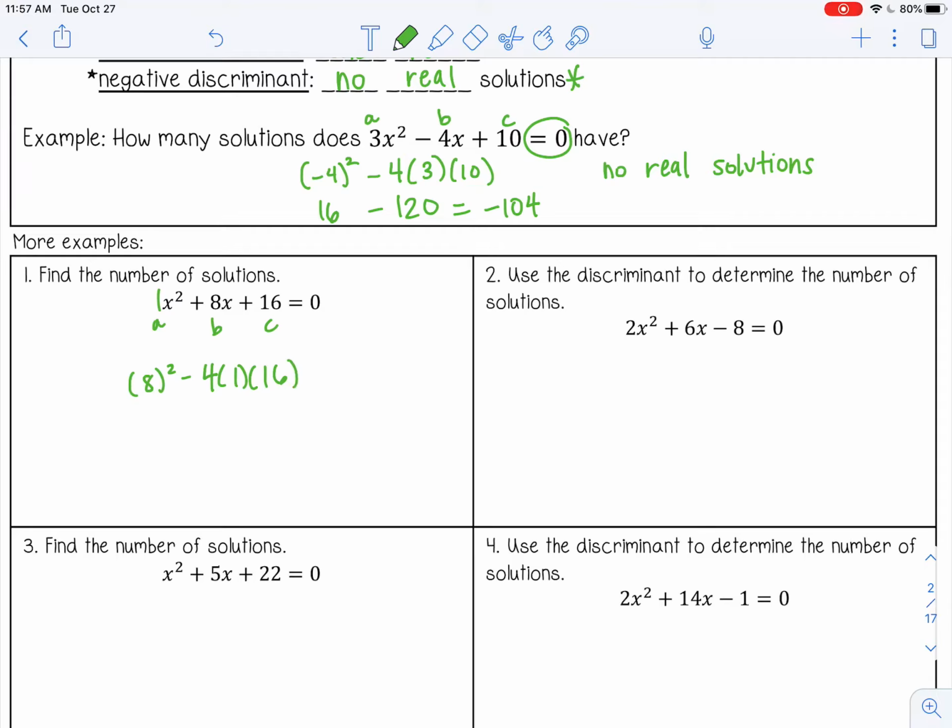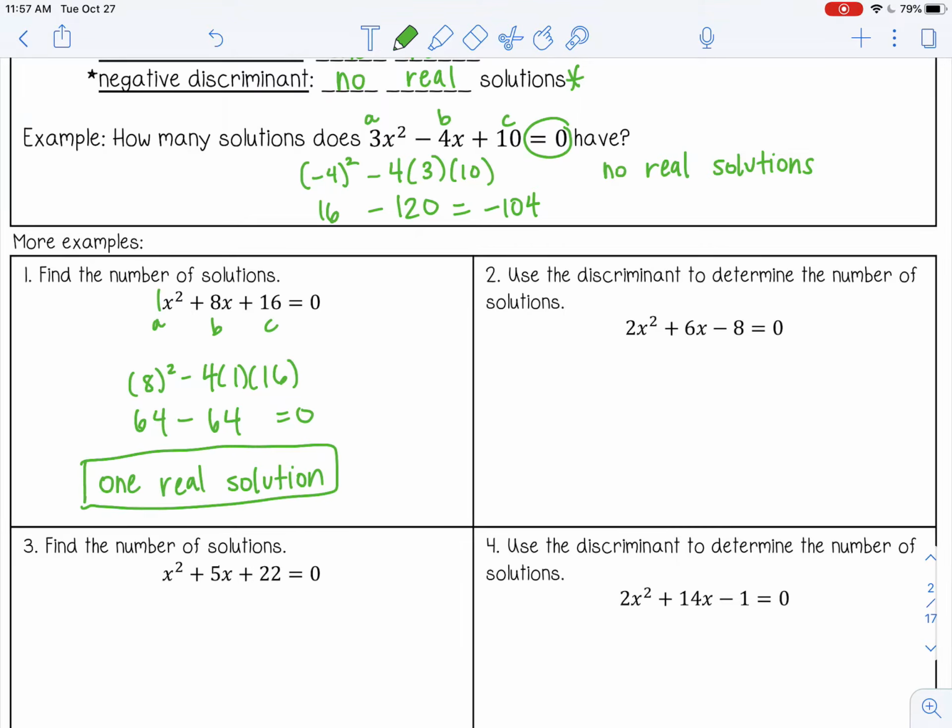All right, so that's 64 minus 64, which is 0. So that means this quadratic function has 1 real solution. And again, we're going to learn how to find what the actual solutions are in the next lesson, but we just want to determine how many there are first.